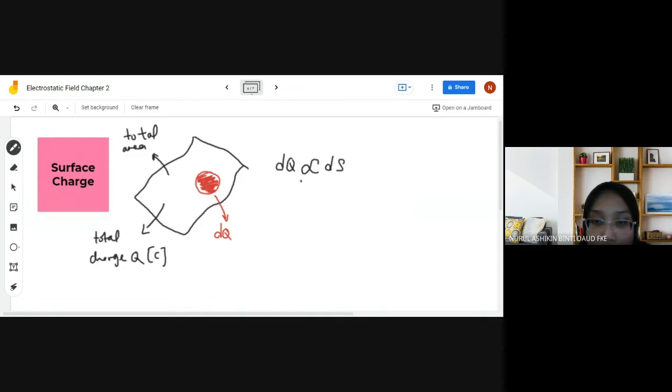So how do we change this proportionality form to an equality form? Same as before, we need to introduce a constant. So dq is equal to rho s ds, where rho s is referring to the surface.